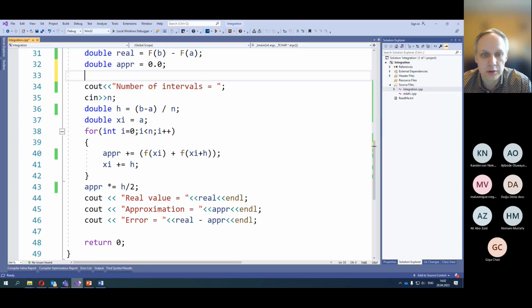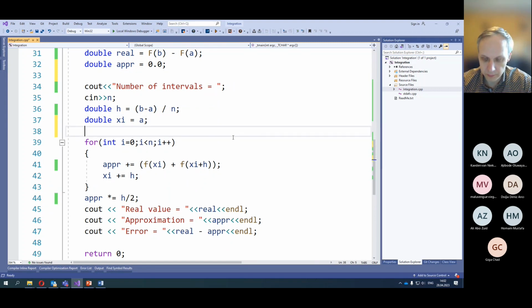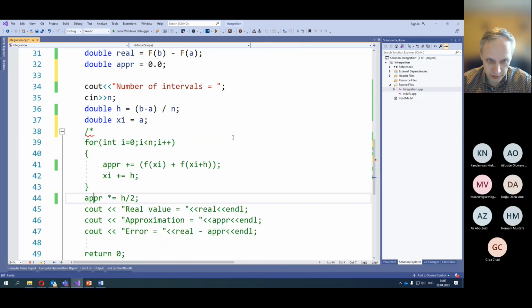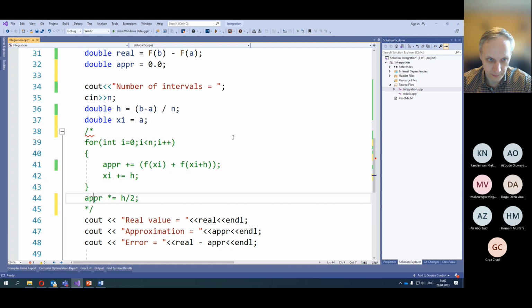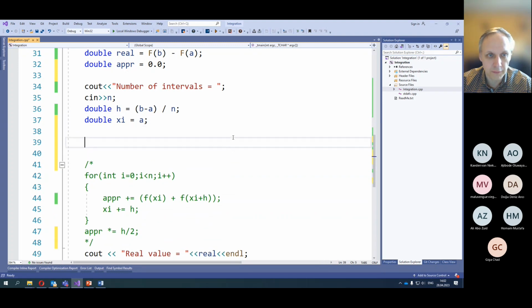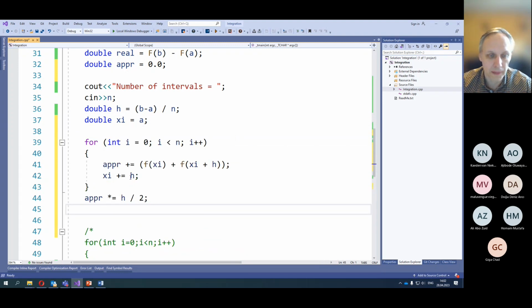Let's check it in Visual Studio. So this is the result for the trapezoid rule. Let me comment out this loop. And now let's write a loop for Simpson's rule. What should we change for Simpson's rule?